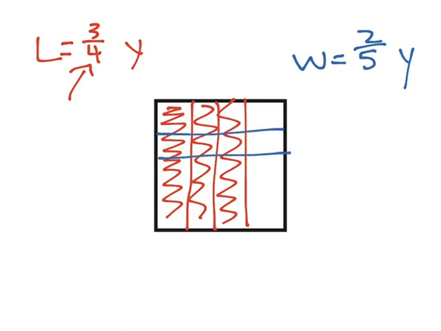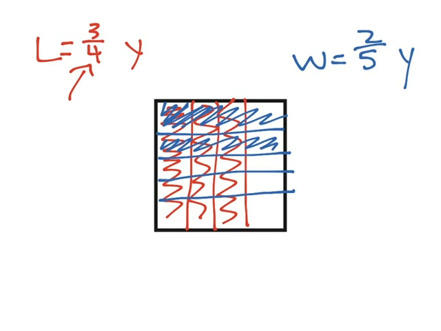1, 2, 3, 4, 5. And then we're going to color in 2 of those. 1, 2. And we can see that this section right here is 1, 2, 3, 4, 5, 6, 6 of how many total?